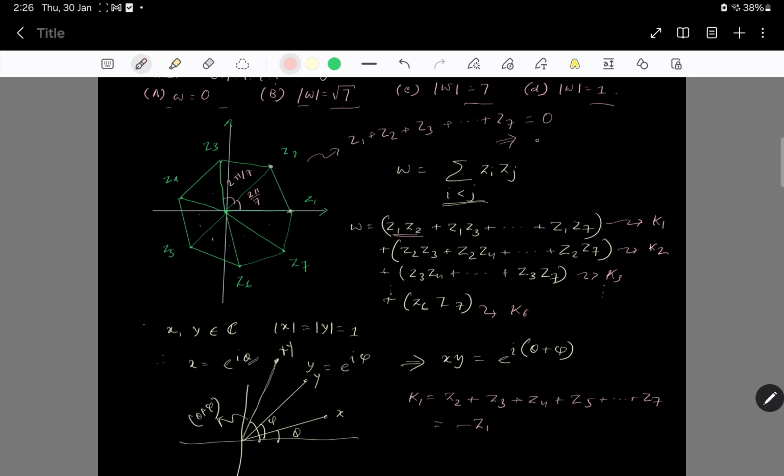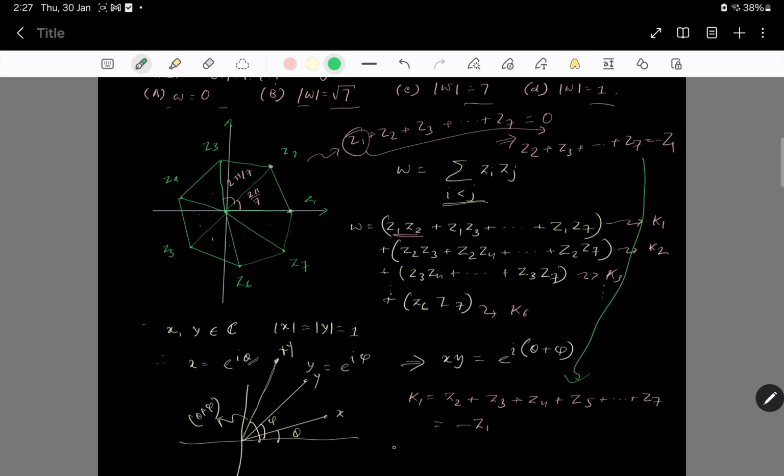And if I take z1 to the other side, we get z2 plus z3 plus dot dot dot z7 equals simply minus z1. So this is our desired result. I'm just putting it over here.